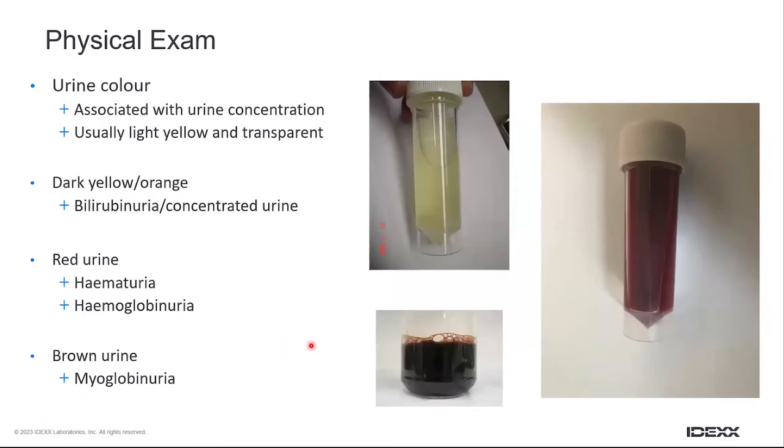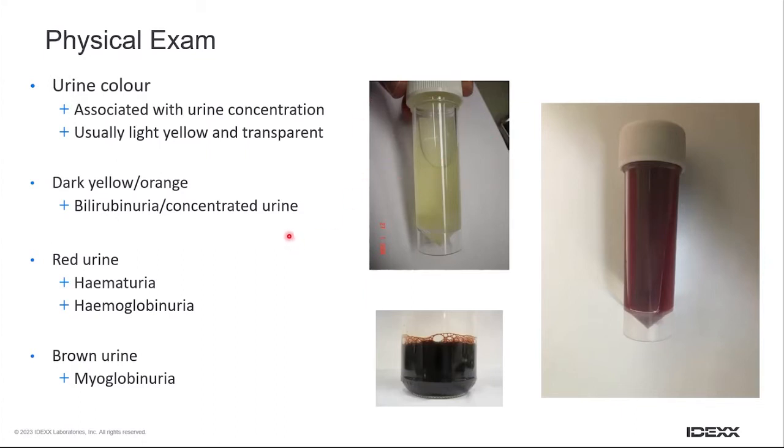So physical exam first and foremost is just simply how the urine looks. What is the color like? Does it look flocculent or cellular? Is it clear? And the urine color is generally associated with urine concentration. So obviously, if an animal is quite dehydrated, the urine is likely to be much darker, whereas if the animal is well hydrated, the urine will be typically light yellow and transparent, such as that image shown here on your screen.